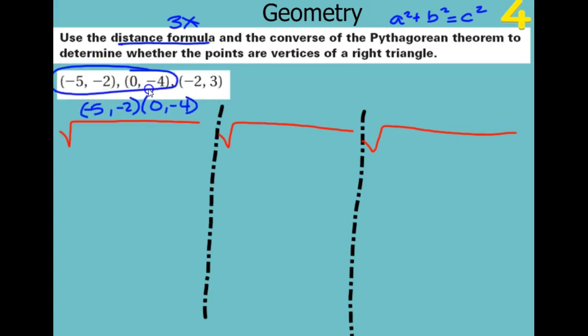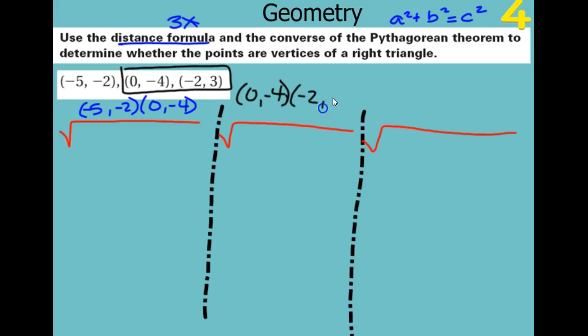Then the second group I'll look at these 2, so over here I will do 0, -4, and -2, 3. Find the distance between those 2.